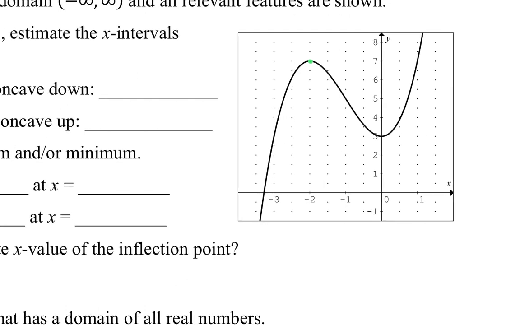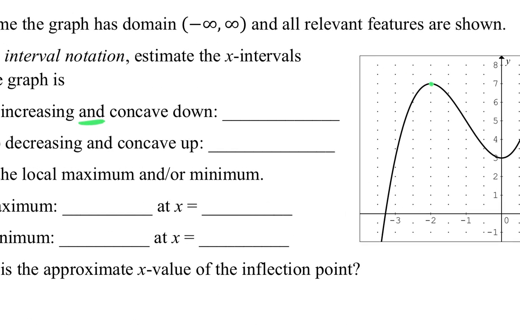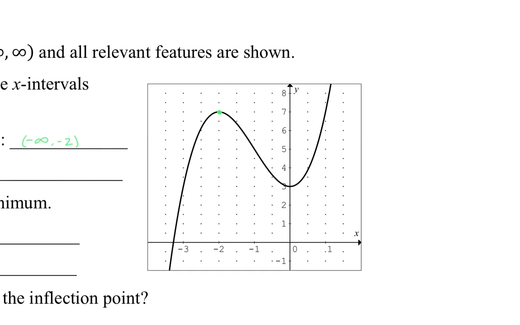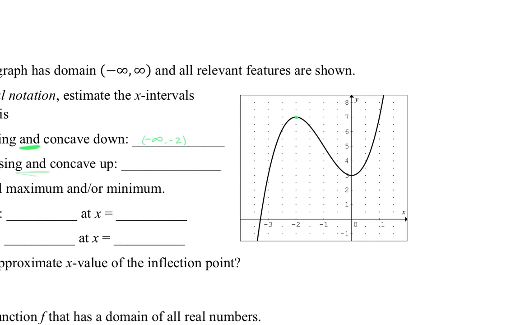Right, so that's at negative 2. So we're going all the way from negative infinity to negative 2. Negative infinity not included, and negative 2 not included. Then we must see where we're decreasing and concave up. So concave up is going to look like this here.